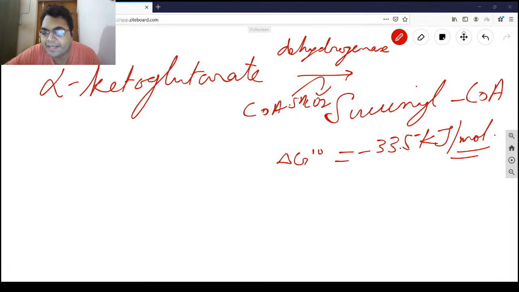Again, the alpha ketoglutarate dehydrogenase complex closely resembles the pyruvate dehydrogenase complex in both structure and function.